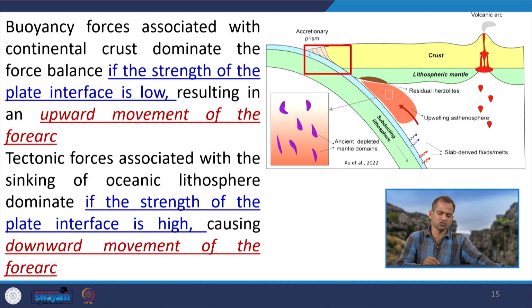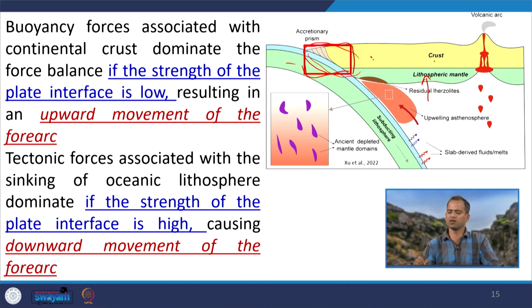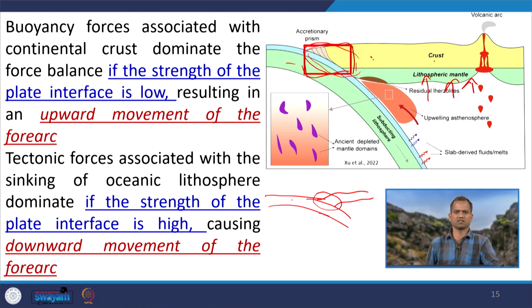Now, suppose we have two plates interacting, and the degree of coupling is very low. We have a continental lithosphere and we know it is buoyant, so the mantle will push it up. For example, suppose one plate is subducting down here, this is the oceanic system and this is the continental lithosphere, and here the degree of coupling is low.